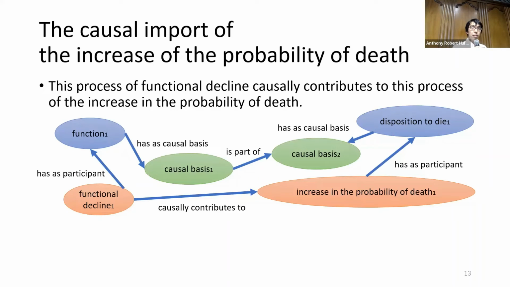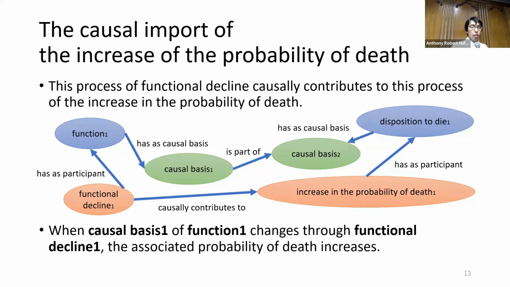Then we can think that causal basis 1 is part of causal basis 2. Why? Because thinking this way, we can analyze the causal input of the increase of the probability of death in such a way that when causal basis 1 of function 1 changes through a process of functional decline, then the associated probability of death increases.